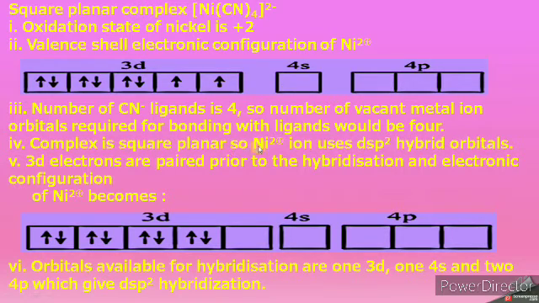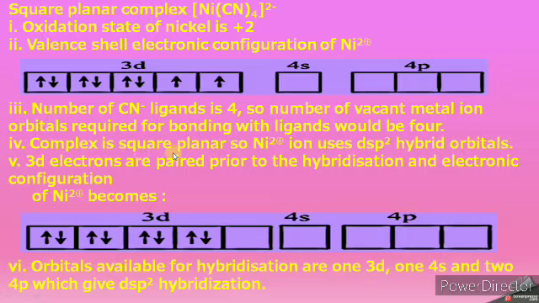So as the complex is square planar, and sp3 hybridization does not show square planar geometry, it shows dsp2 hybridization. If dsp2 is the hybridization, the geometry is square planar. If sp3 is the hybridization, the geometry is tetrahedral. Okay, so that is the limitation.